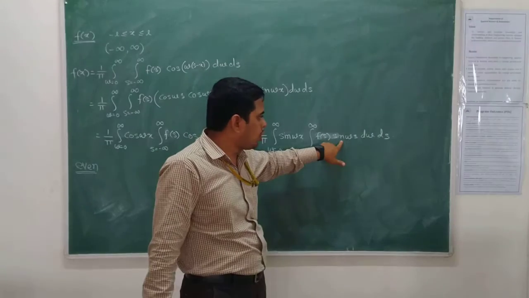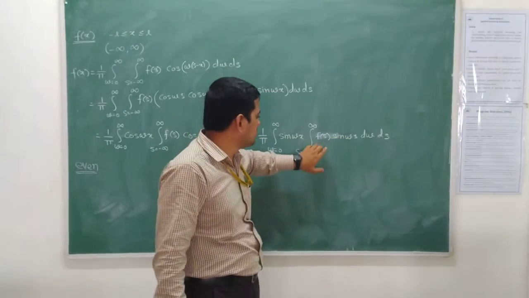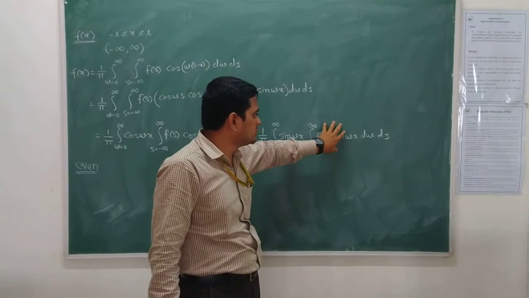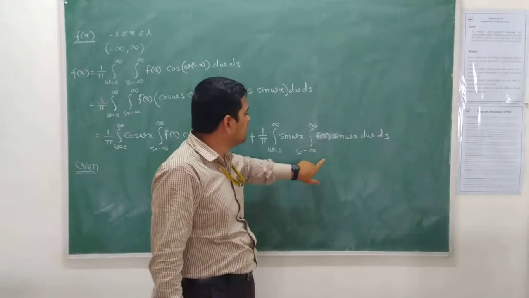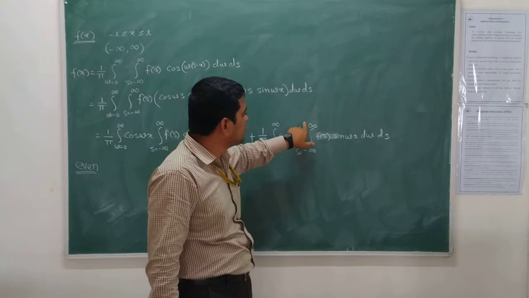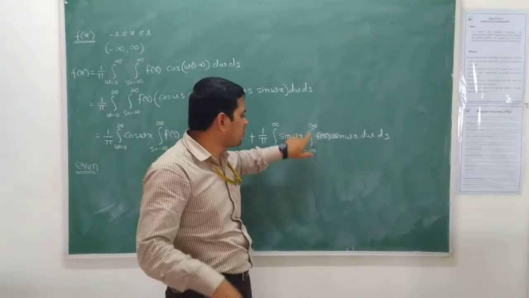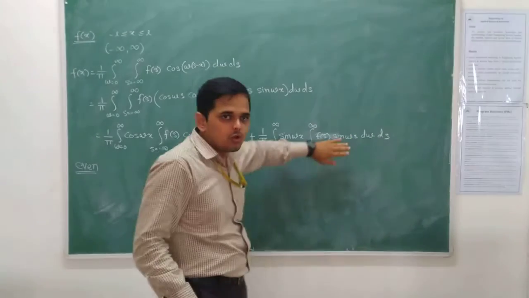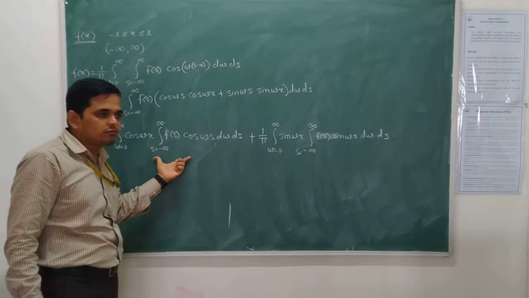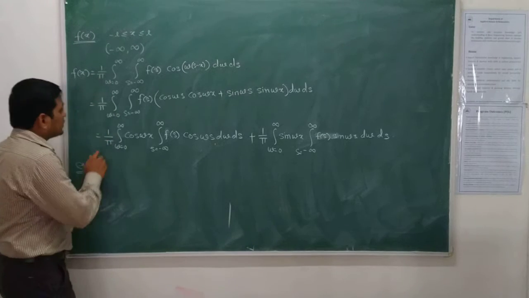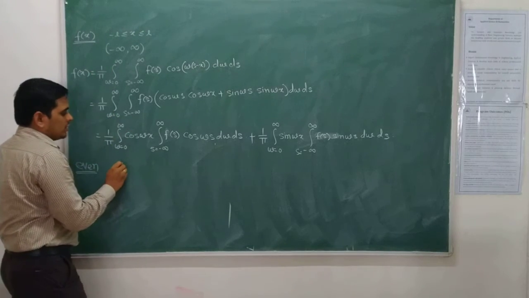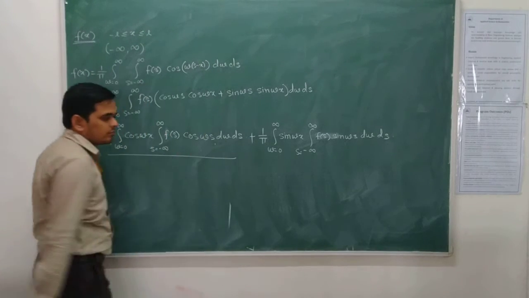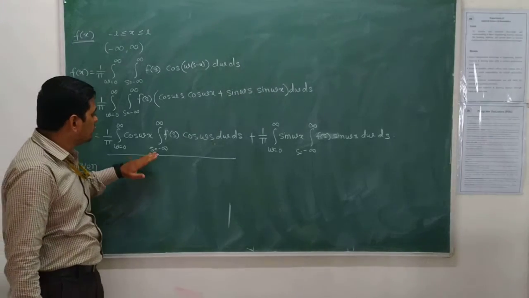So this is even into odd, so this function becomes odd, and we are integrating it from minus infinity to plus infinity, which is in the form of minus a to a. So hence the second integral becomes 0. Only the first term, or first integral, will survive. Hence, if the function f of x is even, we get the first term.